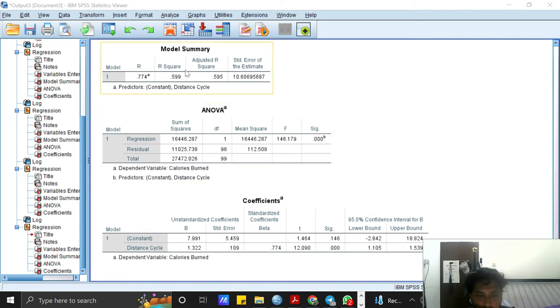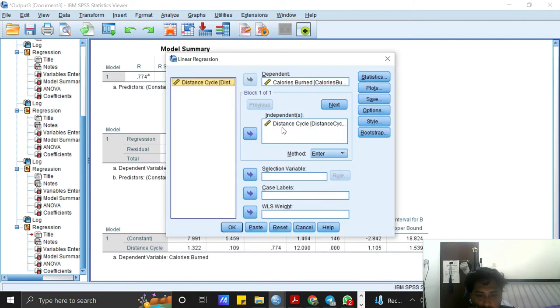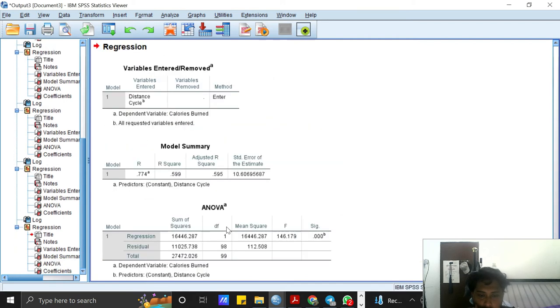First, we go to our SPSS, click on analyze, then go for regression, and click on linear. We need to make sure that our dependent is calories burned and our independent is distance cycle. After that, click on OK.